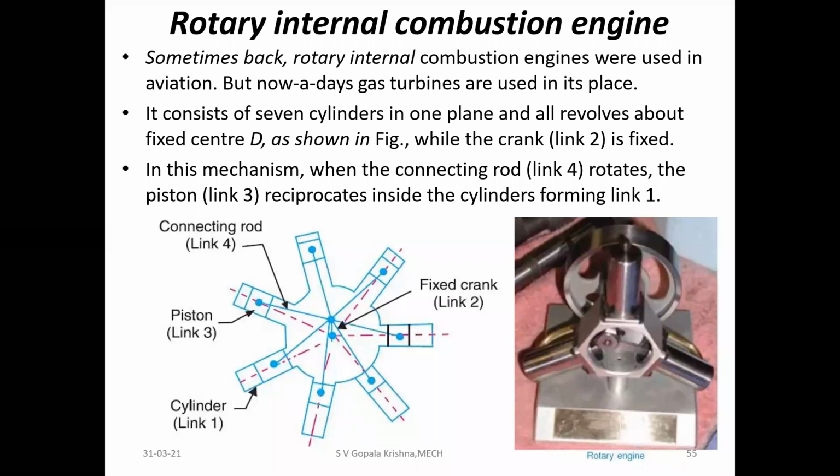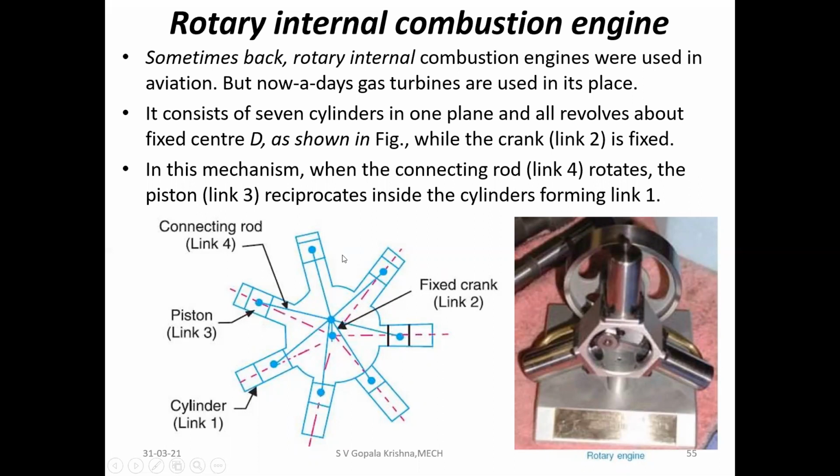Anyone? Radial engines are mostly used for our aeroplanes and naval ships, where the requirement of power is very high. Those places generally use radial engines.